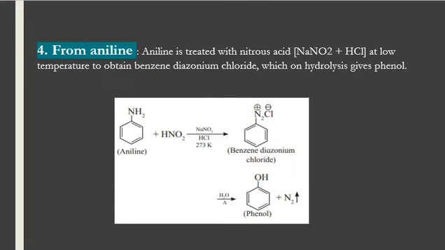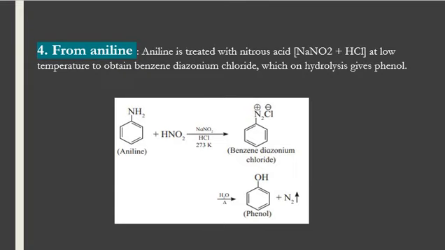When aniline is treated with nitrous acid, and nitrous acid is obtained by the reaction of sodium nitrite and hydrochloric acid, at low temperature, around 0 to 5 degrees Celsius or 273 Kelvin, we obtain first benzene diazonium chloride, C6H5N2Cl.